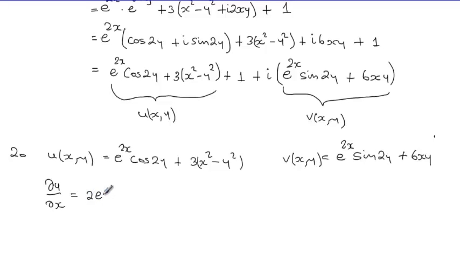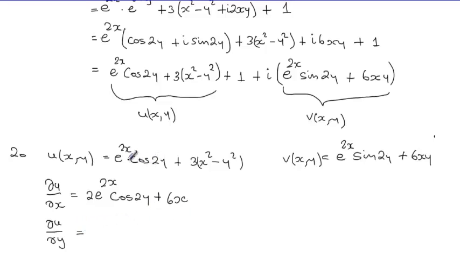So 2e to the power 2x multiplied by the constant cos 2y, plus coming here, differentiating this function, this is a constant with 0, then differentiating x squared, it will be 2 times 3, which gives us 6x. I hope you note that we're using the power rule there. The next is delta u, delta y.